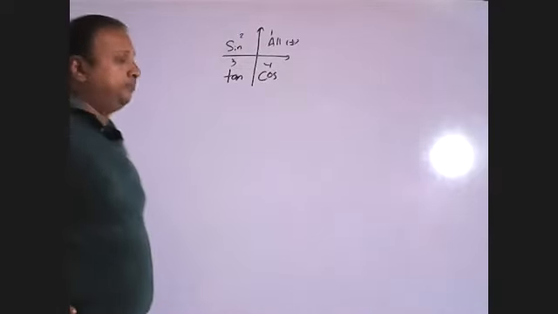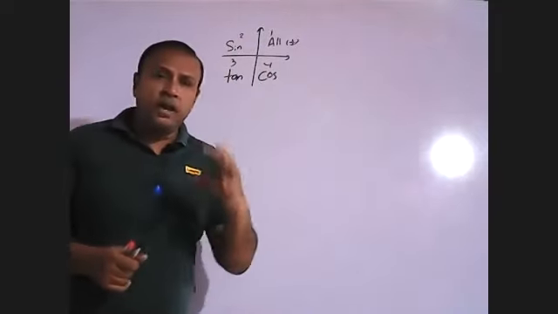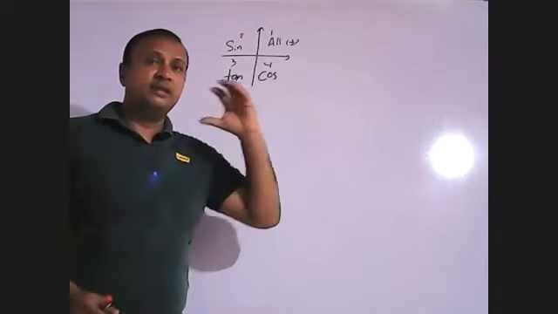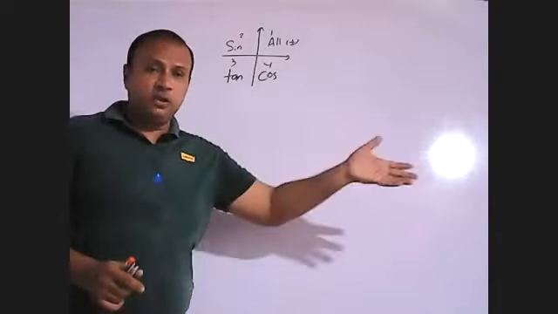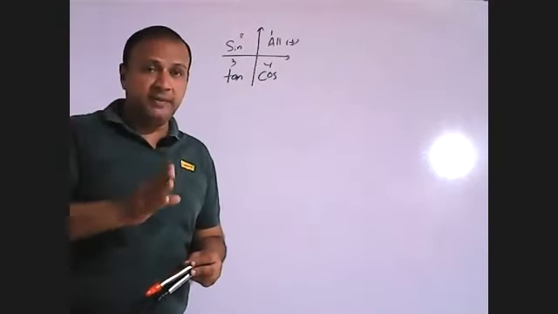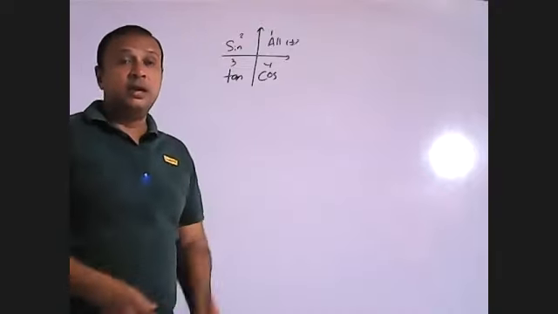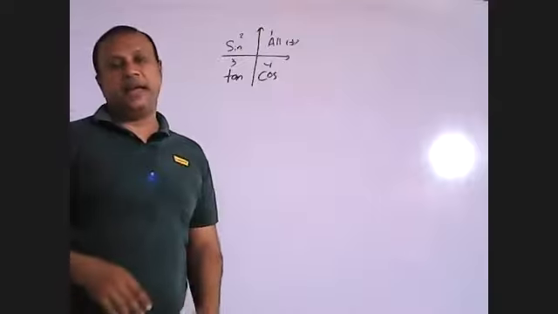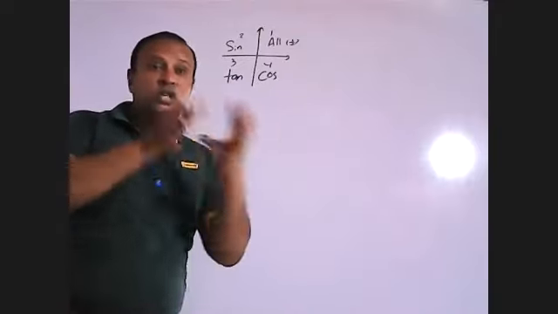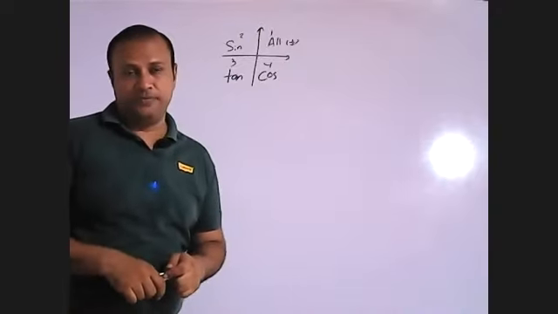Therefore, if you are going to determine the trigonometric value of any particular angle, definitely you have to determine where that angle is located. That means, what is the quadrant of that angle? According to that quadrant, you should give the sign of that particular trigonometric ratio.